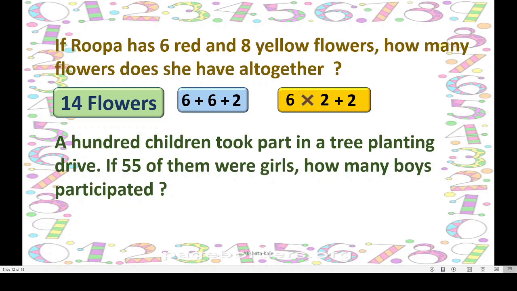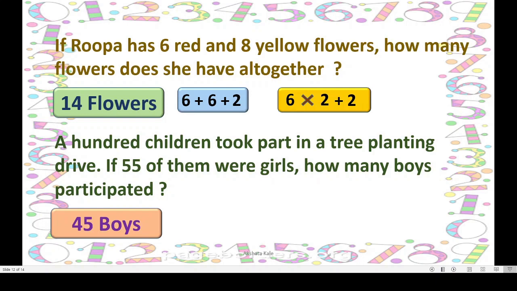Yes, you know this is a subtraction, minus sum, isn't it? How many left? How many more? Then it goes to subtraction. Right? What is the answer now? 100 minus 55 is, yes, very good, 45 boys were there.